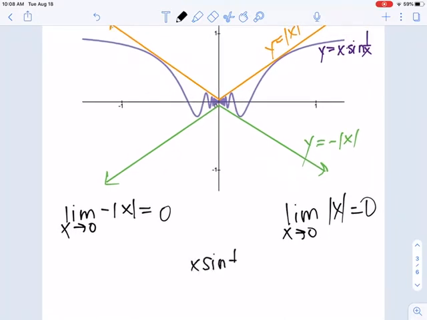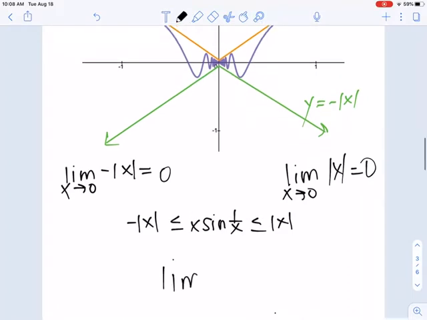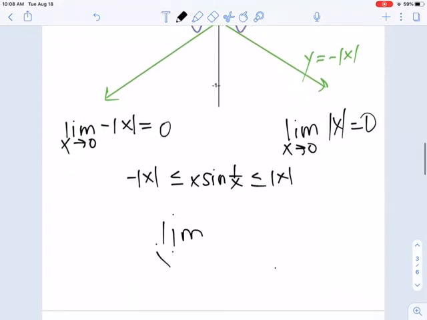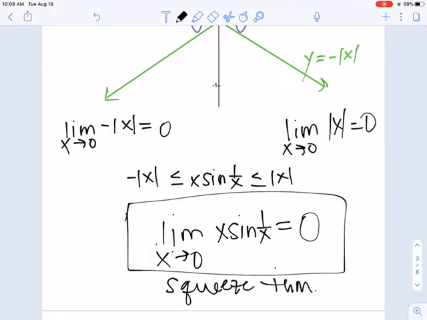So since our purple squiggly function, as I'm going to call it, is sandwiched in between these two functions, then we can say with certainty, because of the squeeze theorem, that the limit as x approaches 0 of our purple squiggly function is also 0 because of the squeeze theorem.